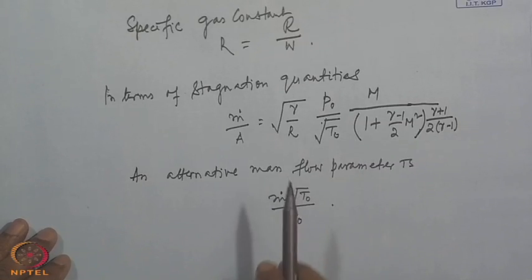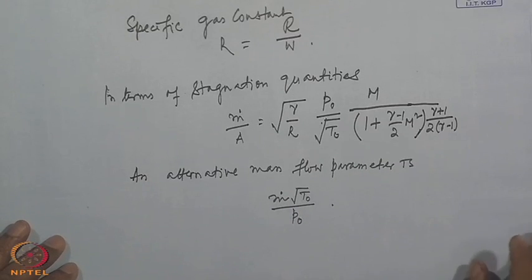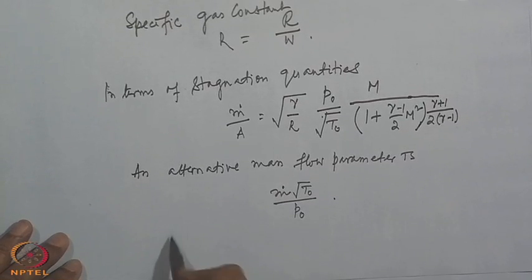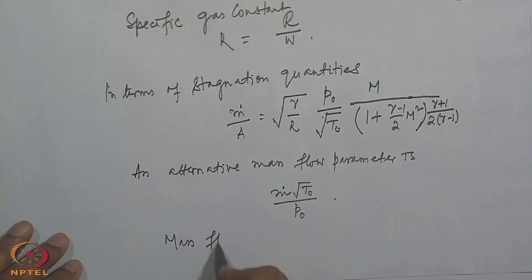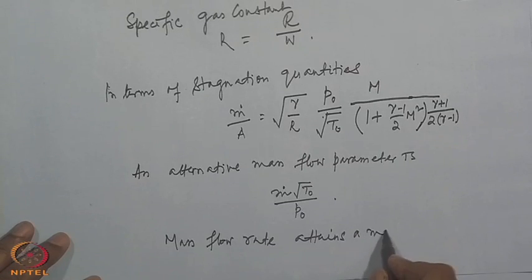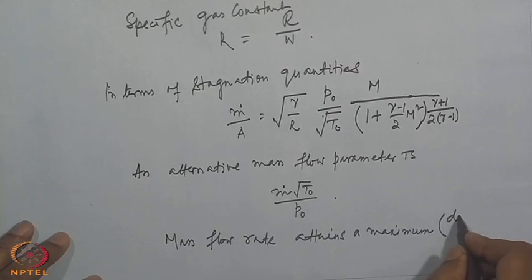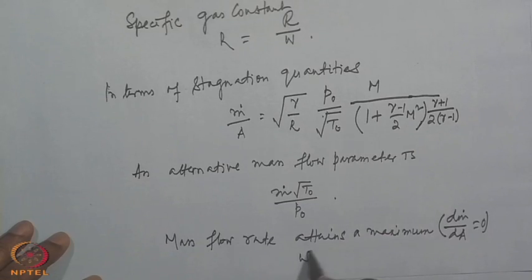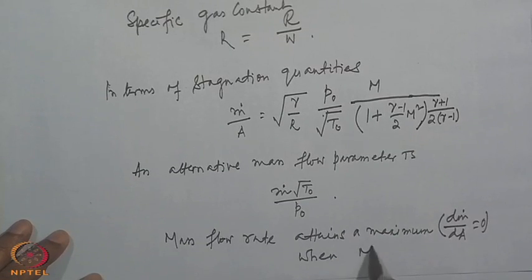these relationships can be used to show that the mass flow rate has a maximum and this maximum is attained at Mach number 1, that is, the mass flow rate attains a maximum when M is 1.